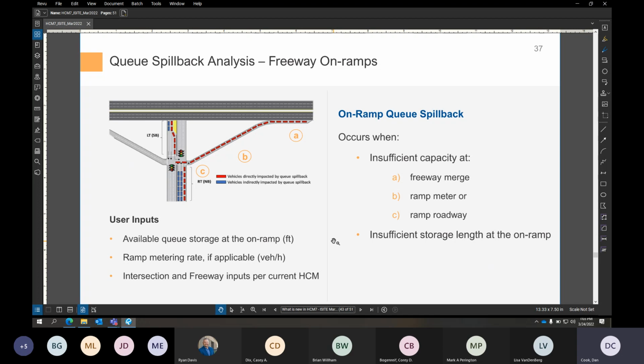If you have freeways that are over capacity, so basically that merge point, if it's more of a choke point, what's your spillback from that going to be if your demand is over your capacity? And you might even have insufficient storage at a ramp meter as well. And so what effects is that going to have when that spills back into the crossroad intersection, or the crossroad ramp terminal?